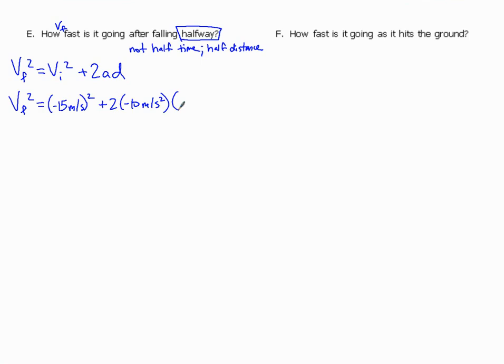Distance was originally 140, half of that is 70, and we're talking about falling, so it's -70 meters. So final velocity squared, we have 225 meters squared per second squared plus 1,400 meters squared per second squared.